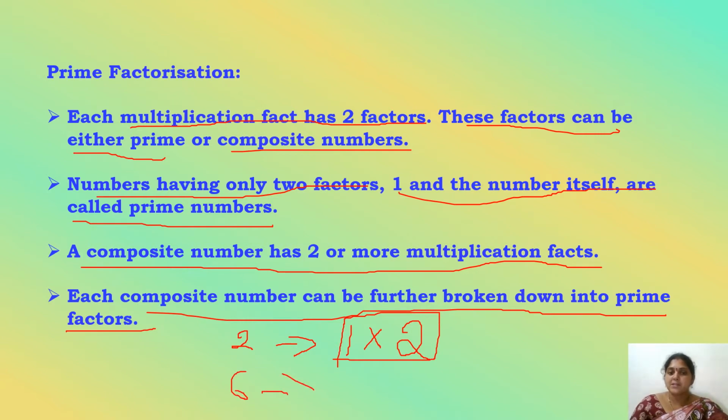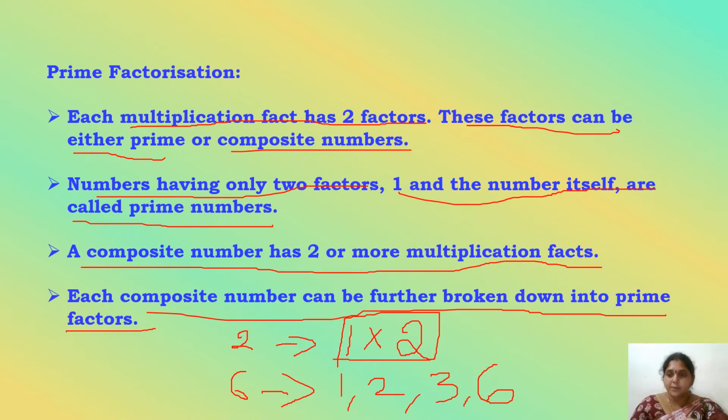If you find 6, you have different tables for this: 1 table, 2 table, 3 table and 6 table. So you can see this number 6 in 4 different tables, right? So this number is known as composite number. And the composite number can be broken down into prime numbers by doing prime factorization.